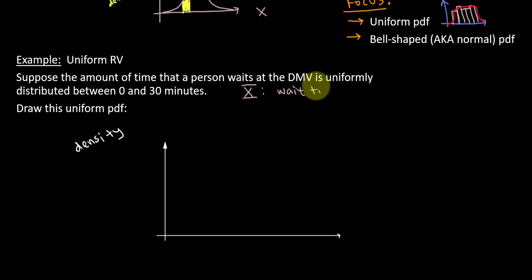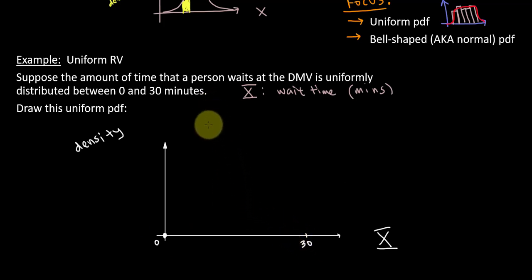And now that I've got capital X defined, I can label X down here. At this DMV, you wait between 0 and 30 minutes. So we've got 0 at the origin, and we're going to have 30 minutes over here.